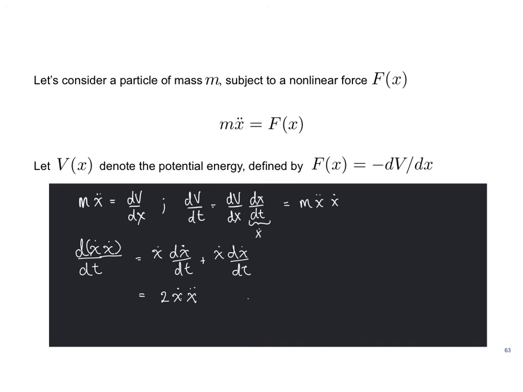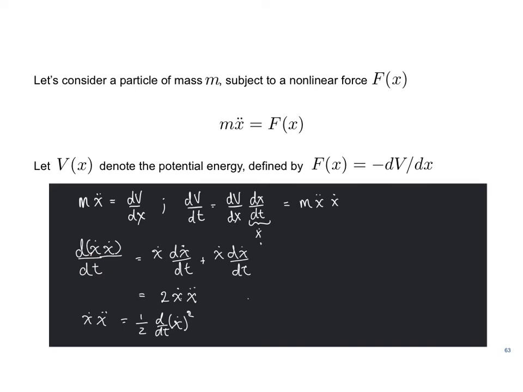Then you can see that x dot x double dot is equal to 1/2 d/dt of x dot squared. So this is what we just did in here.